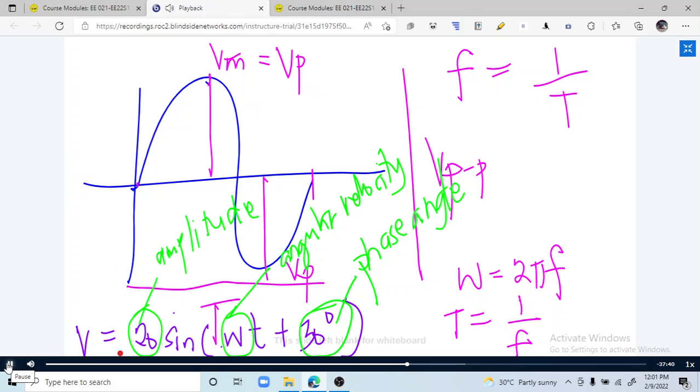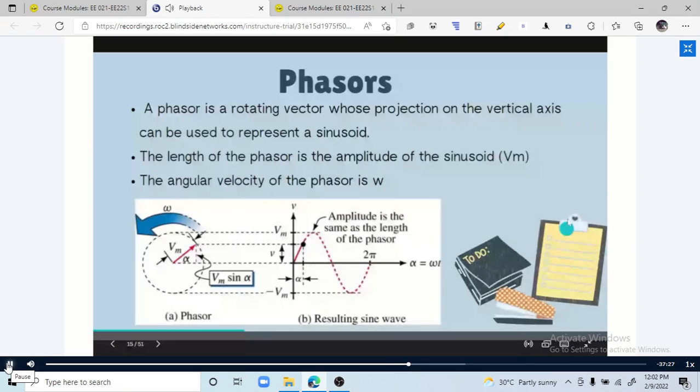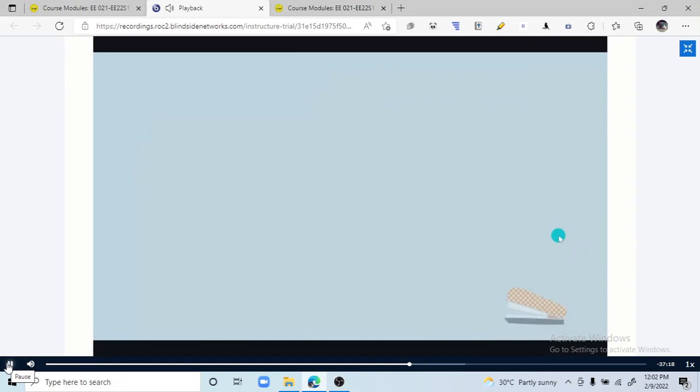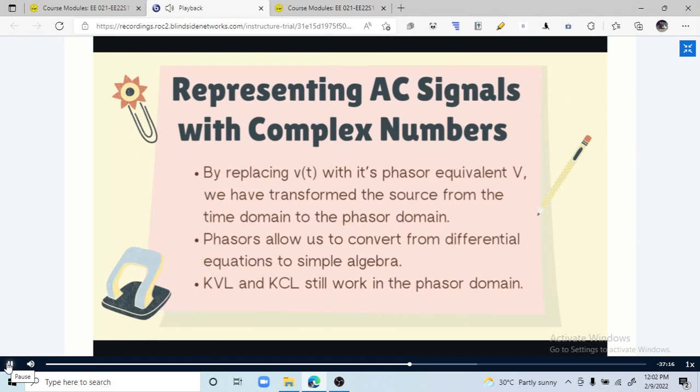So, this is now how we interpret a certain sinusoid. Going back, let me share my screen again. Can you see it now? Okay, so we have now what we call representing AC signals with complex numbers.